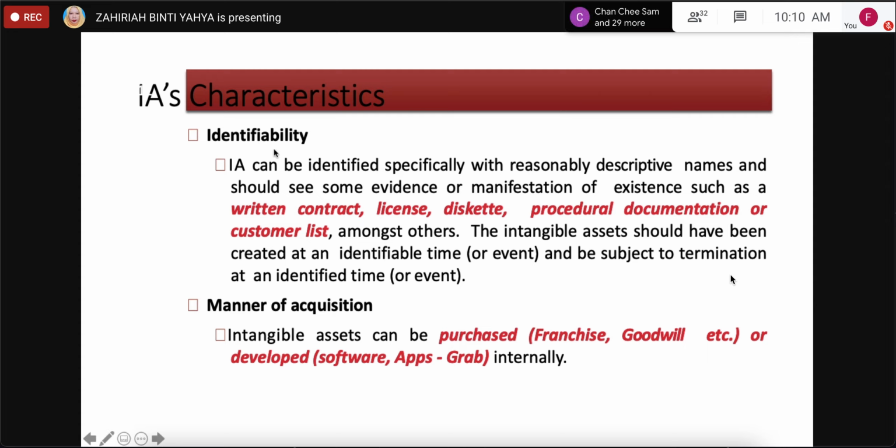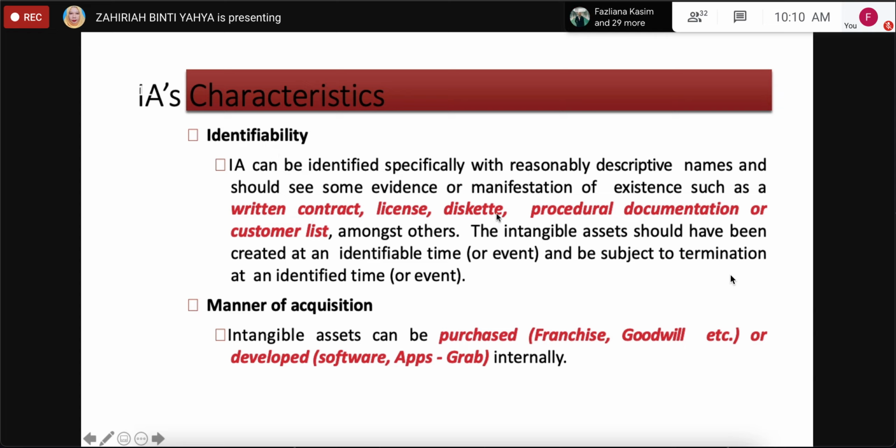So kita pergilah ya, identifiability, macam mana you nak bagi tahu you owner of the such intangible asset. So it can be through written contract, a license, discard, procedure documentation or customer list ya. Kalau customer list ni selalunya untuk goodwill lah ya.